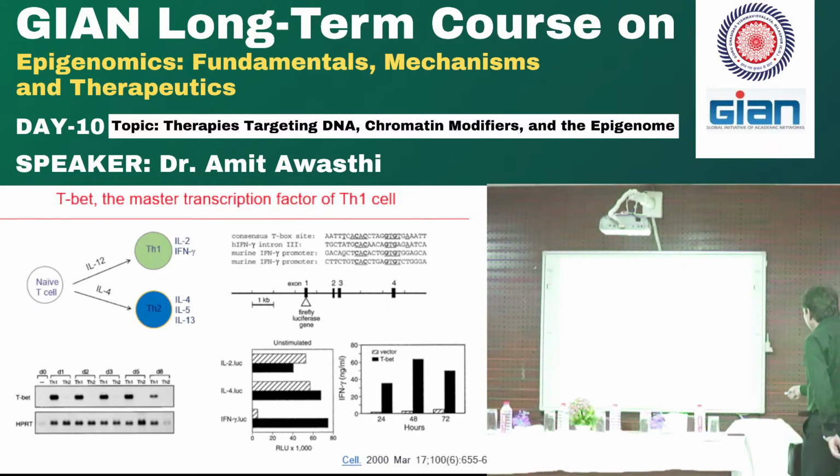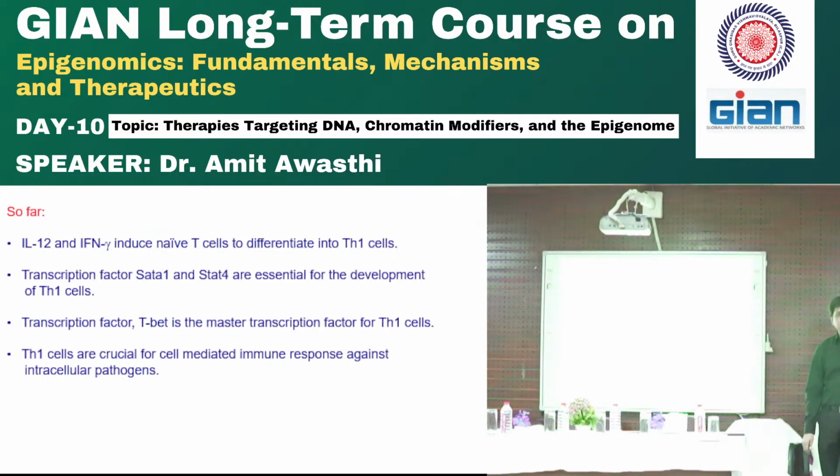So wherever you put more Tbet as compared to the vector alone control, you have more IFN gamma at 24 hours, further more at 48 hours, and at 72 hours, at different time points you see more IFN gamma. So taken together, this actually becomes a transcription factor which is important for interferon gamma positive Th1 cells.